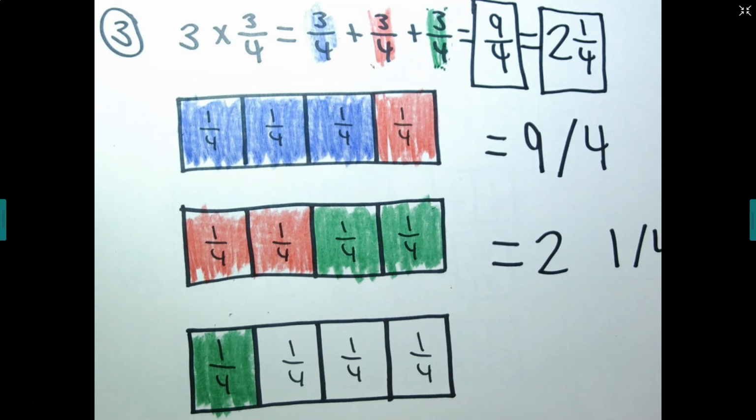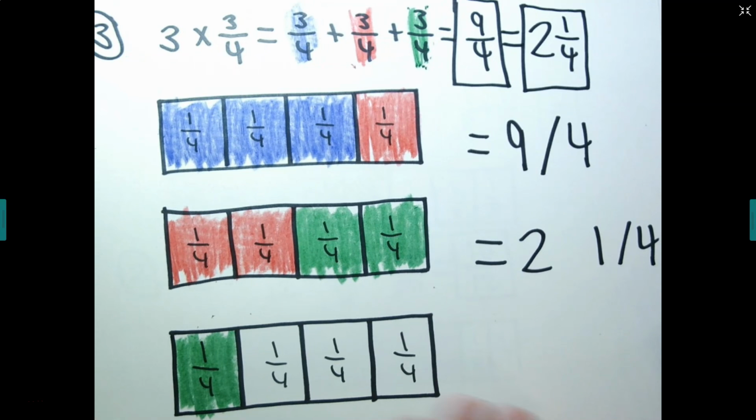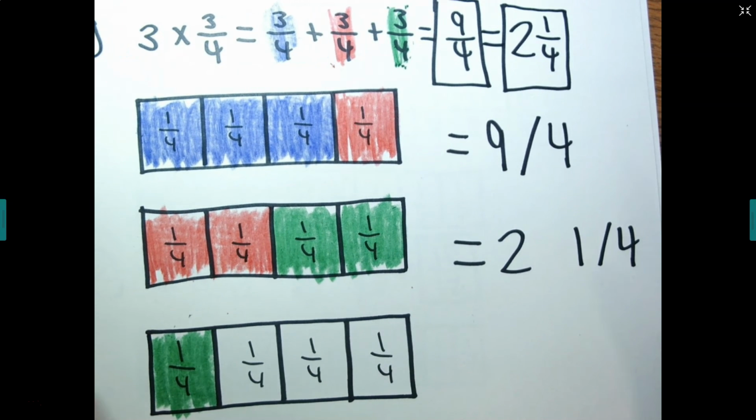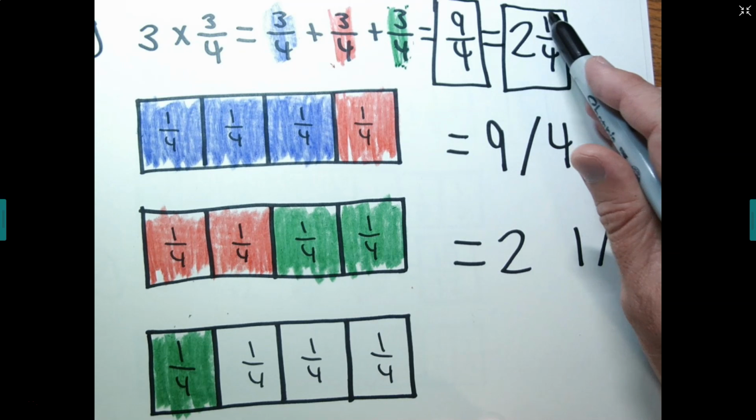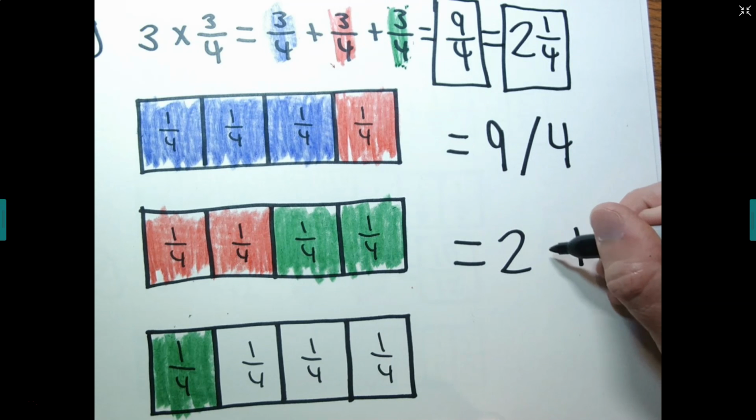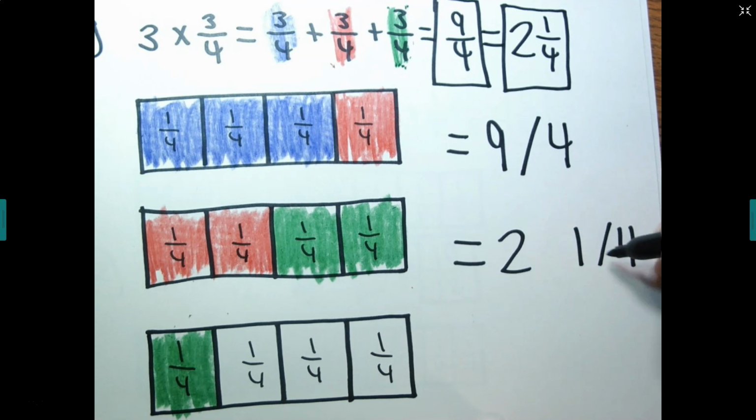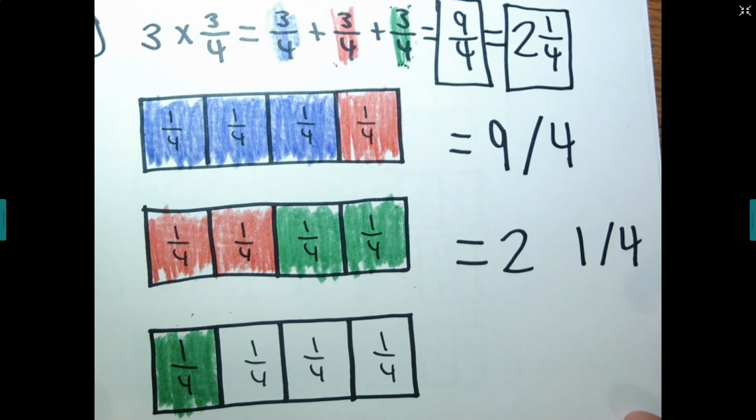Practice saying that a few times. 9/4 equals 2 and 1/4. Oops, I want to make sure you can see it. There we go. 9/4 equals 2 and 1/4. The and is not seen, but it's here. Okay? Okay. Enjoy.